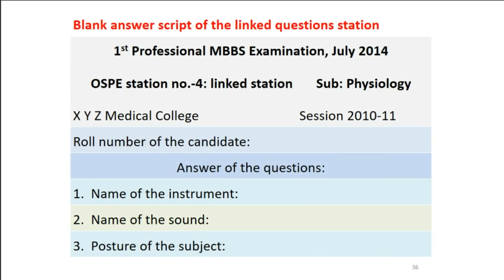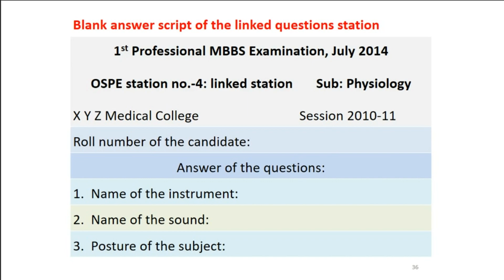Blank answer script of the linked question station. First Professional MBBS Examination, July 2014. OSPE Station Number 4, linked station. Subject: Physiology. XYZ Medical College. Session 2010-11. Roll number of the candidate. Answers of the questions: 1. Name of the instrument. 2.